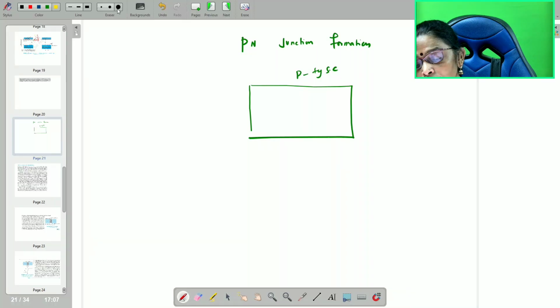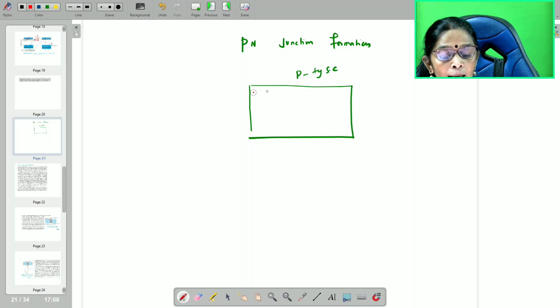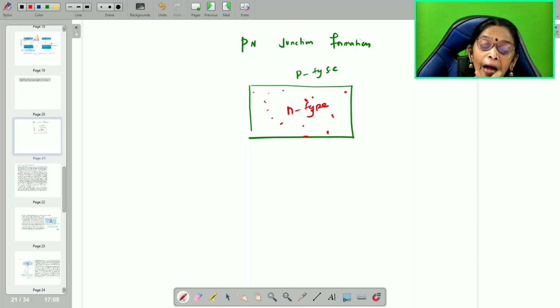So we are going to add impurities of n-type over here. Take a p-type semiconductor, add impurities of n-type over here.